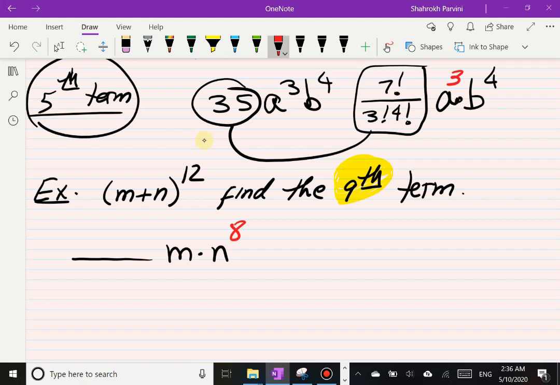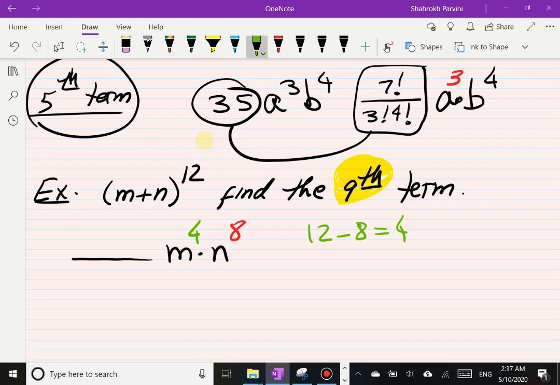Right? The exponent on m, what is that going to be? Remember, the sum of these two exponents has to be 12, right? So the exponent on m has to be 12 minus 8, or 4, doesn't it? Okay. And now I can put that exponent 4 here. See, 4 and 8 makes 12.